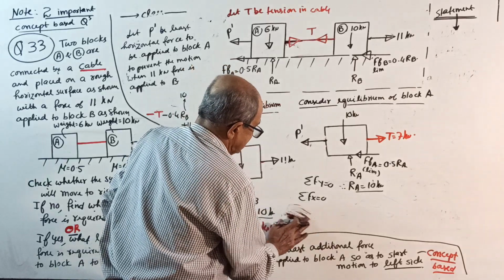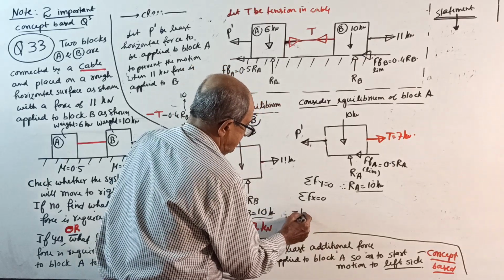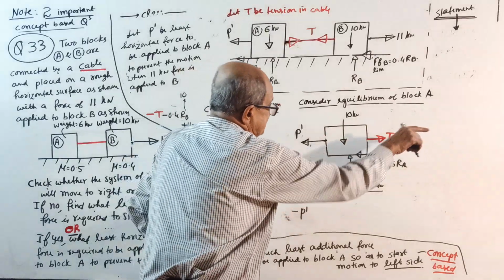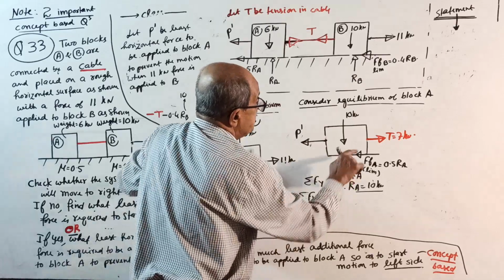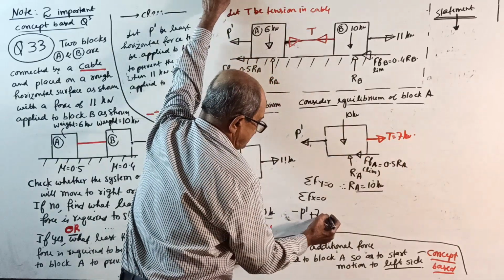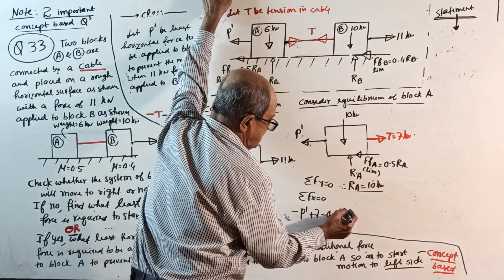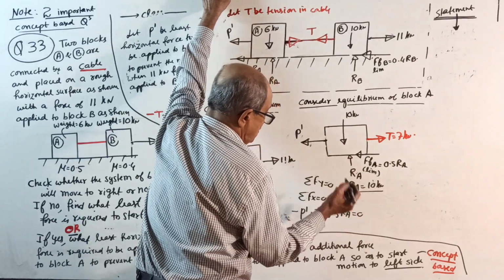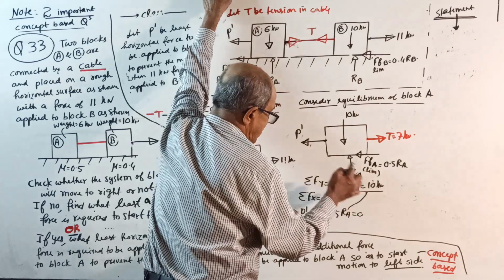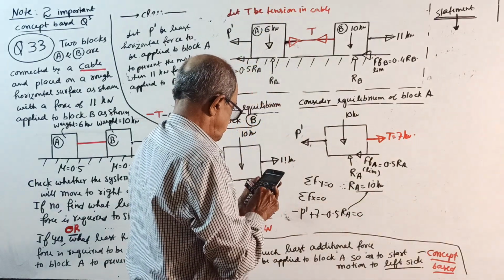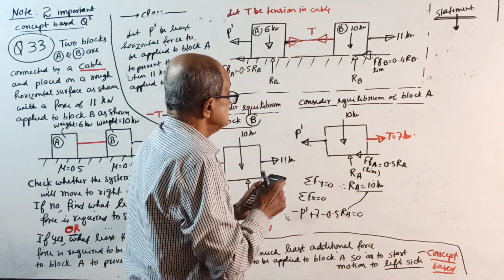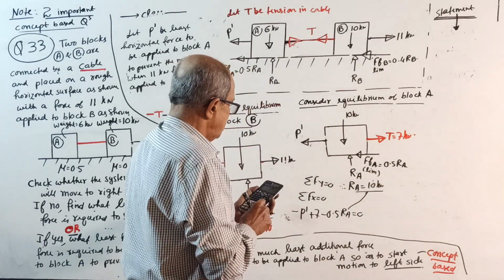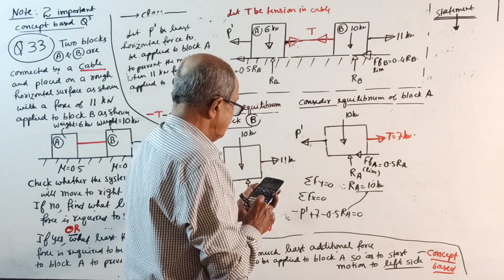Wow, P dash is black color. Okay. Minus P dash plus 7 minus 0.5 RA equal to 0. Substitute RA equal to 10. Then 0.5 into 10, how much is it? 0.5 into 10 is 5.